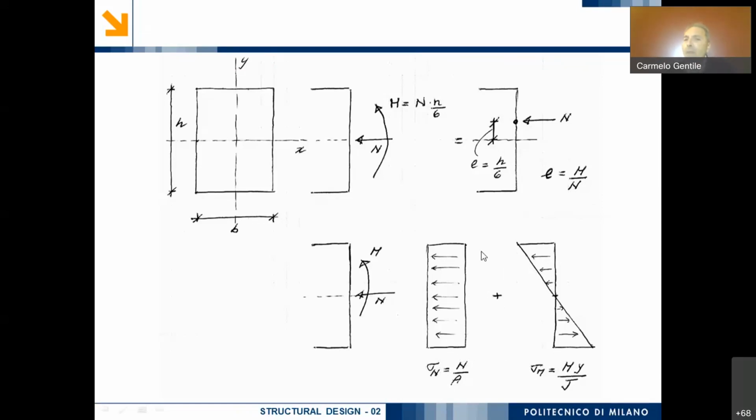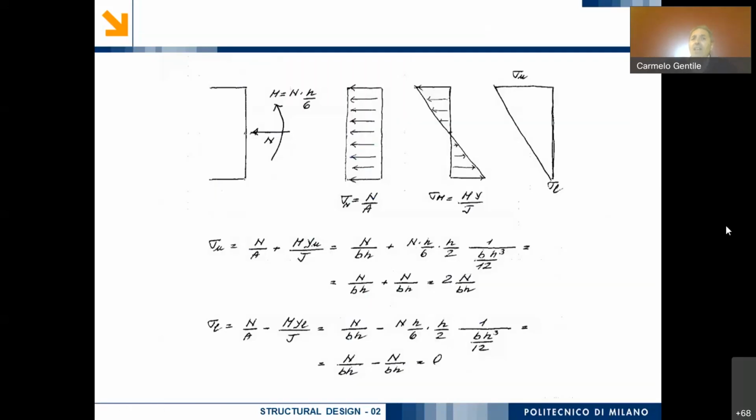And so I will obtain a maximum compression at the upper border and a minimum value, I don't know if in tension or in compression, because it depends on the numerical values of sigma N and sigma M, on the lower border, the bottom border of the cross section.